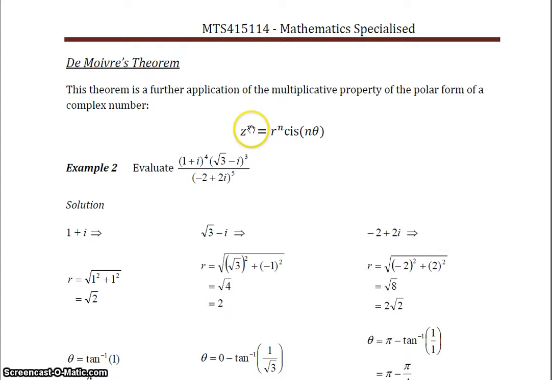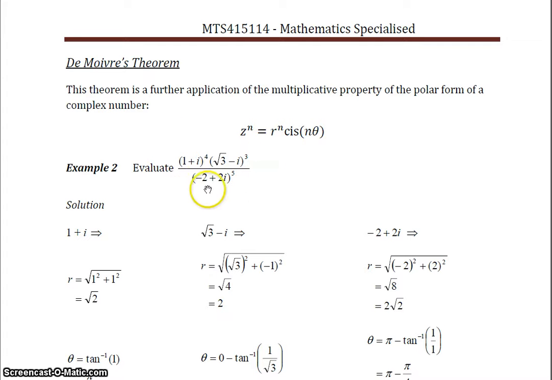So z to the power of n means there'll be n lots of theta, and so we go n times theta. That's just taking that multiplicative property a little bit further, and we'll use this quite a bit.